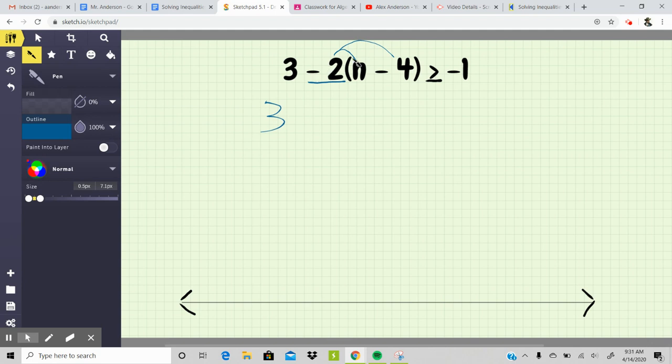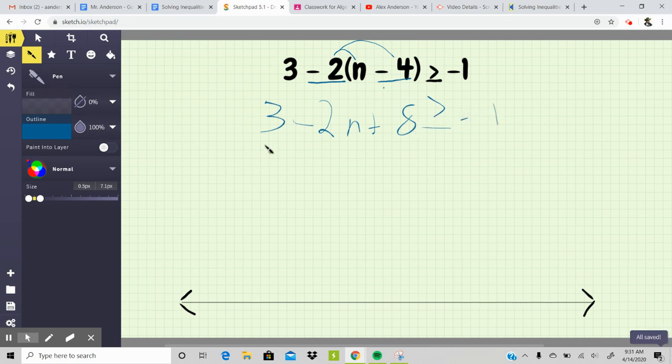So -2 times n is the same thing as -2n. And -2 times this you got to think of as a -4 because it has the minus symbol in front of it. -2 times -4 is a +8, so you would just go +8, and then it's all greater than or equal to -1.